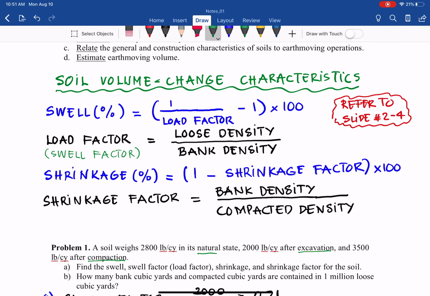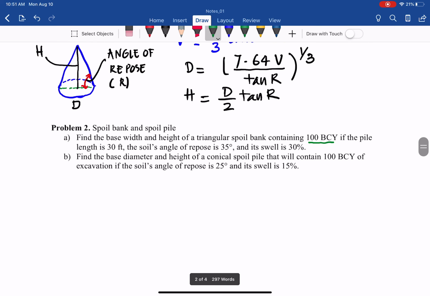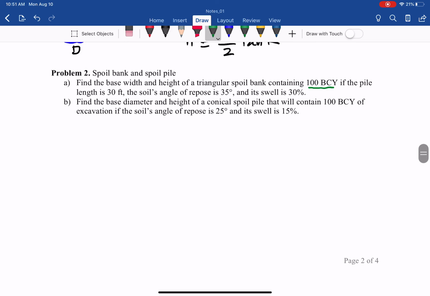Basically, apply the soil volume change characteristic. We need to find out the volume in loose cubic yards first. So let's do that problem here. The volume given is 100 BCY. We have to change that to loose cubic yards. How to determine?